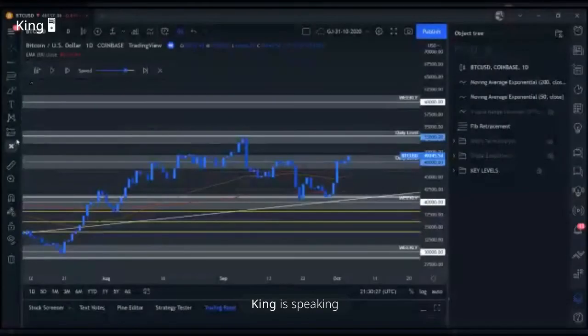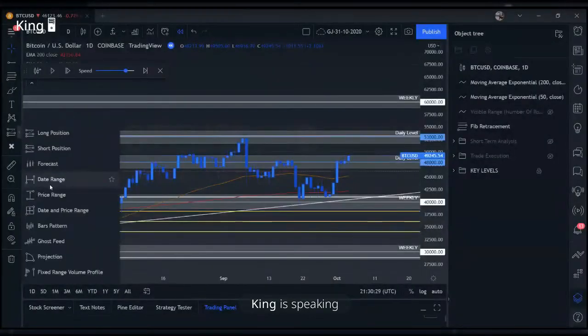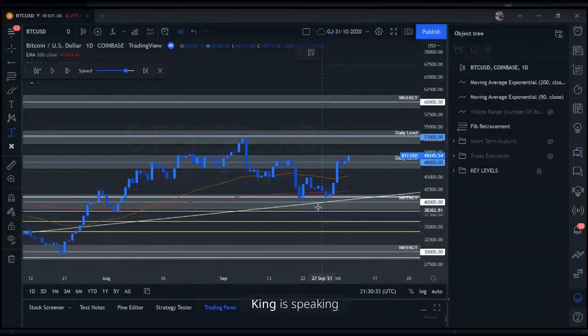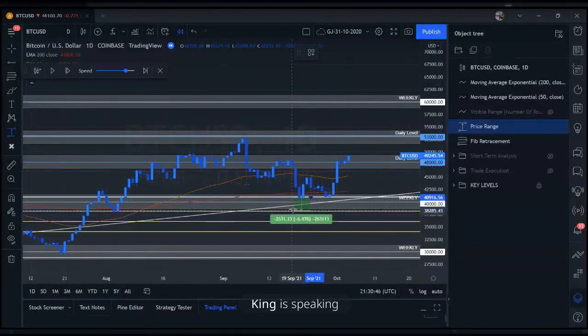Let's look at this in terms of percentages. So price range. Actually, no, you don't buy in here. You wait for a return to this open. You buy. You set a 5% stop.